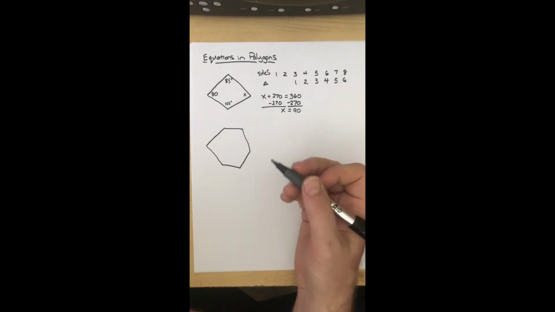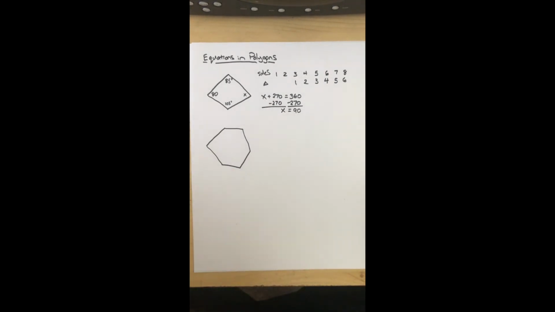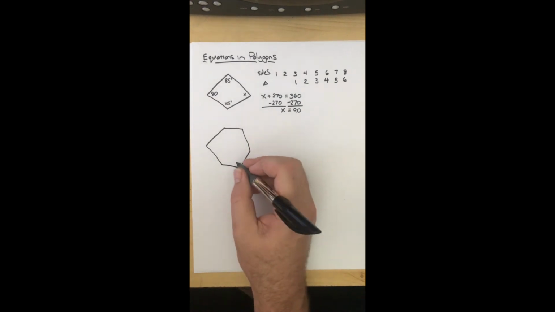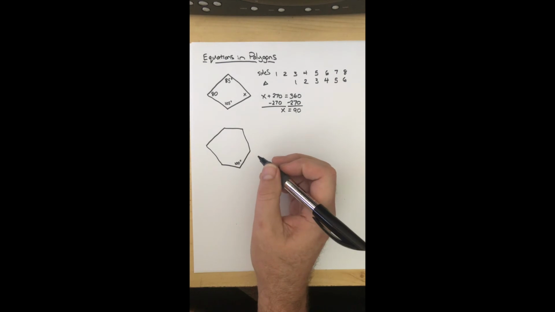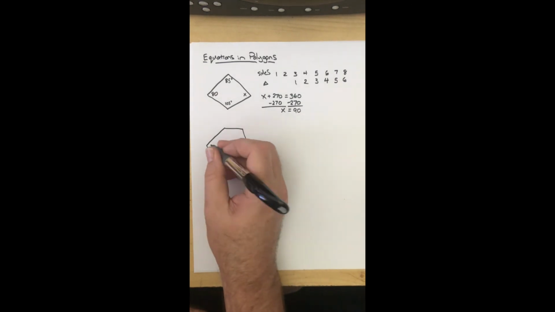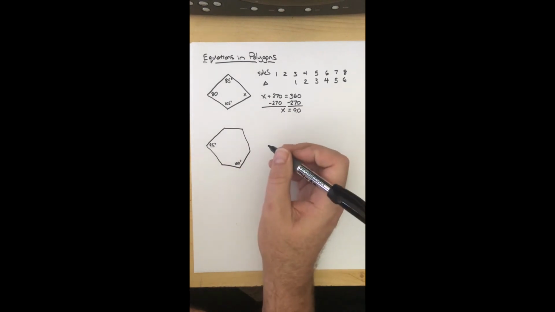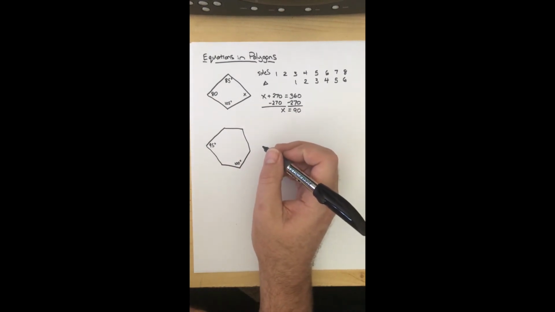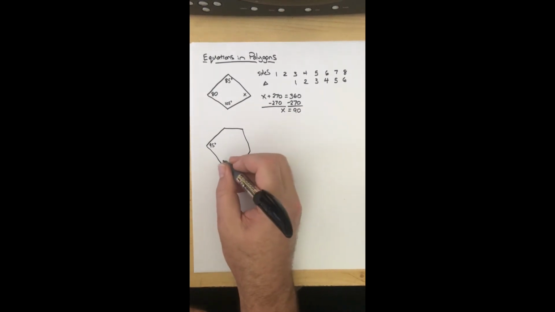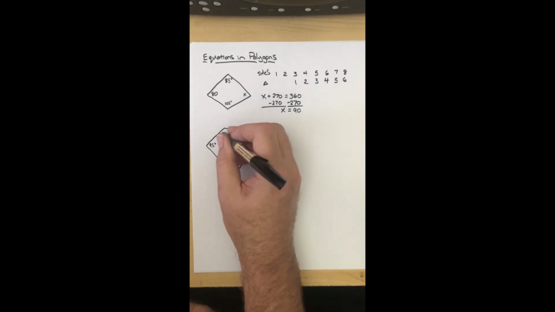Okay, that looks like a fun shape. This looks like 100 degrees here. And this looks like 95 degrees right there. Right? I hope you agree with me. This one is going to be x. This one is going to be x plus 10.